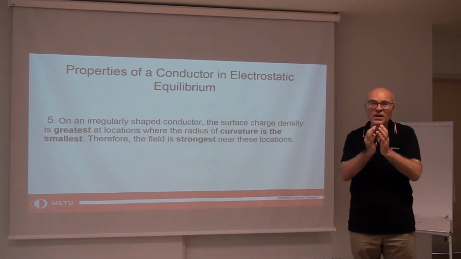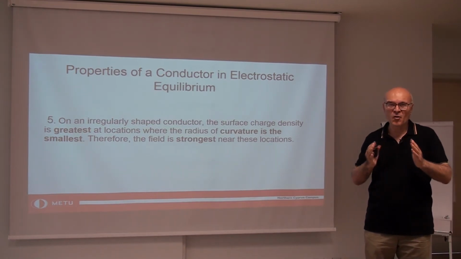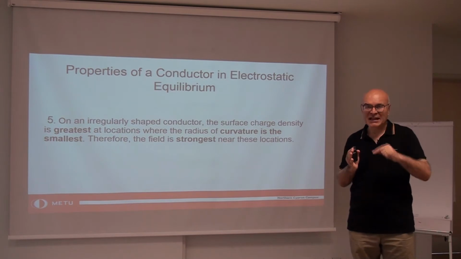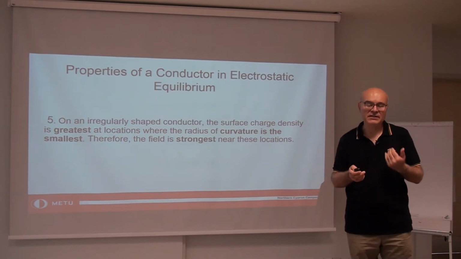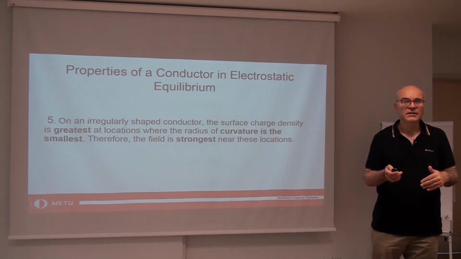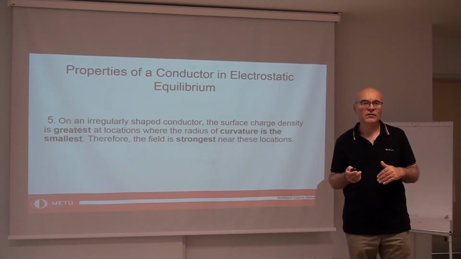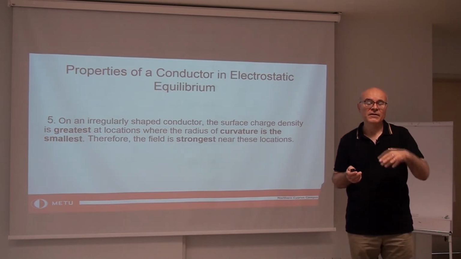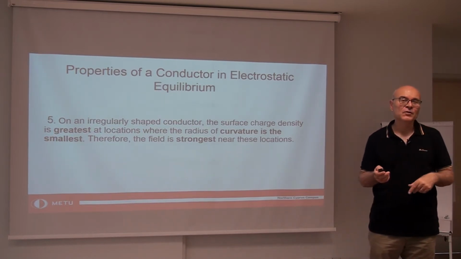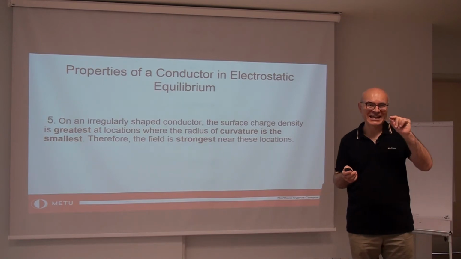Those which have a smaller radius of curvature, that is, narrower, will have higher charge density. We need to wait for this to be proven later, and the electric field also will therefore be stronger near these edges.